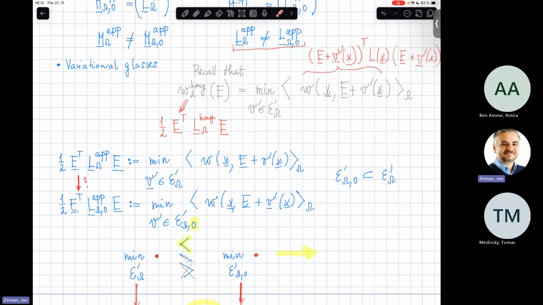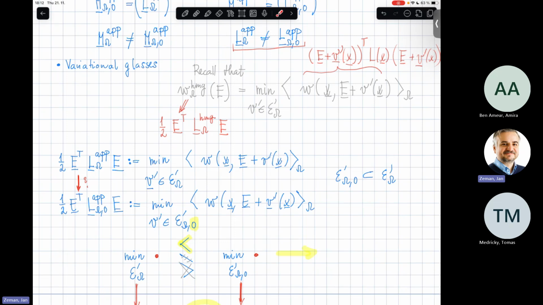In order to understand how these things are ordered, I can state that via the definition, this is what defines my homogenized apparent properties by some minimization problem.